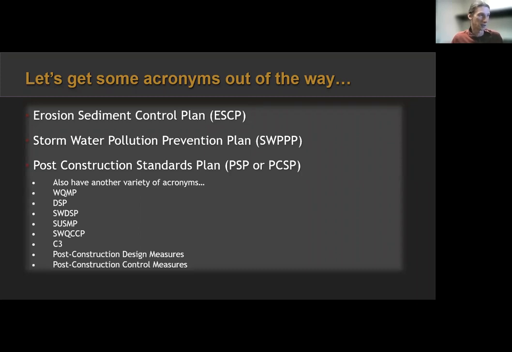You can see there, I can remember some of them. And these are region specific. So different regions might have different plan names, like a SWQCCP, Stormwater Quality Criteria Control Plan, DSP Design Standards Plan, SWDSP Stormwater Design Standards Plan.